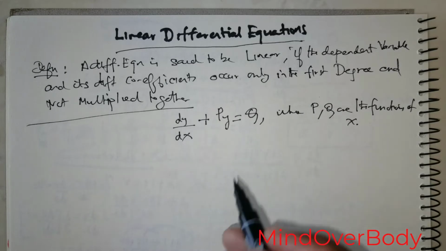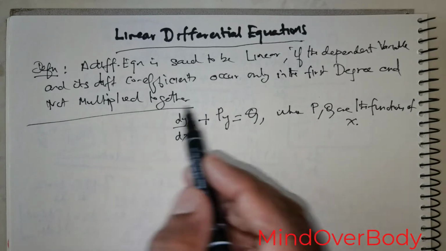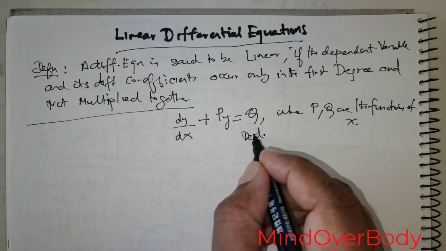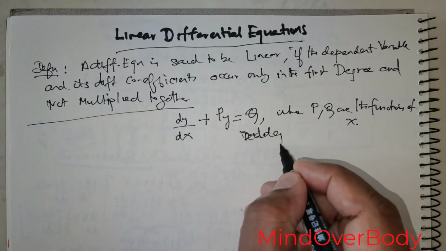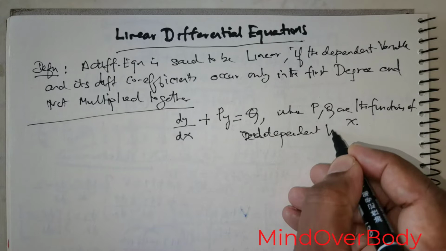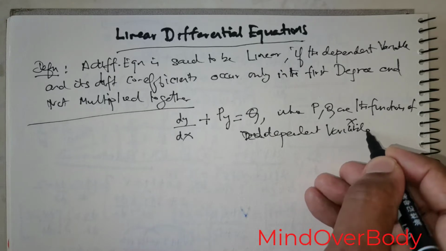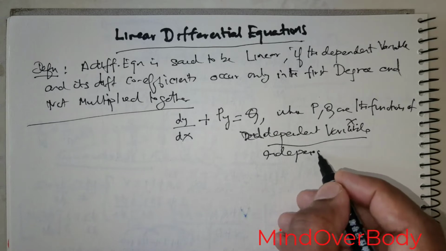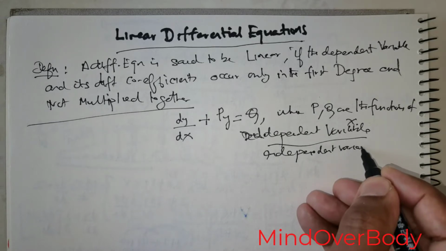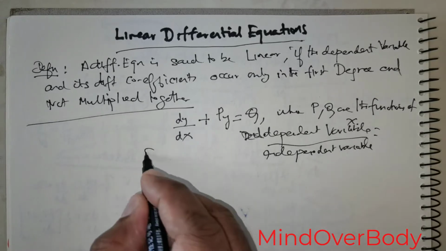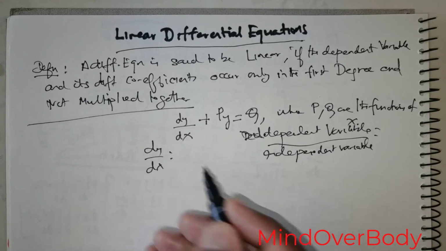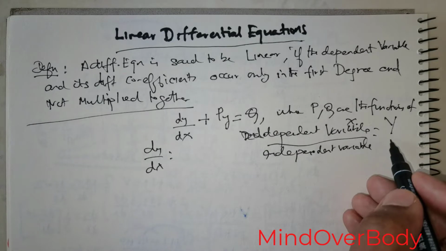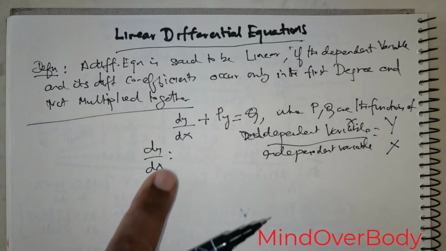Now when we talk about the dependent variable, let me write that down, dependent variable, and there is also what is called the independent variable. If I were to take dy over dx, the dependent variable is y and the independent variable is x. So have that in mind.